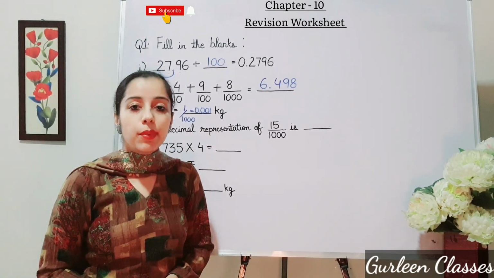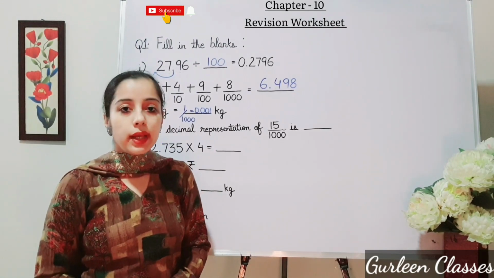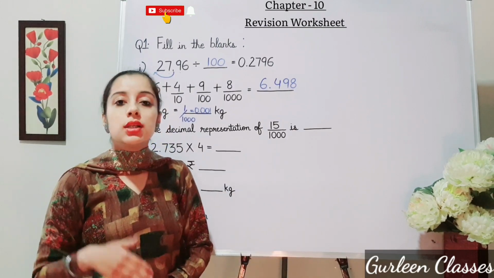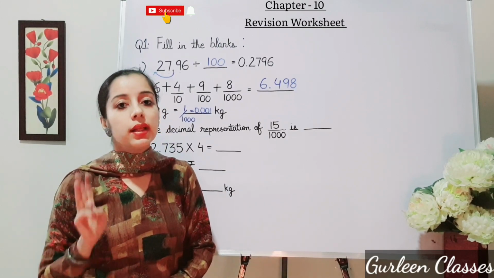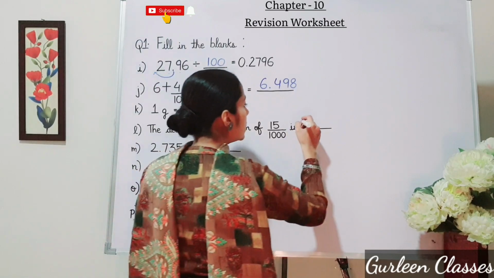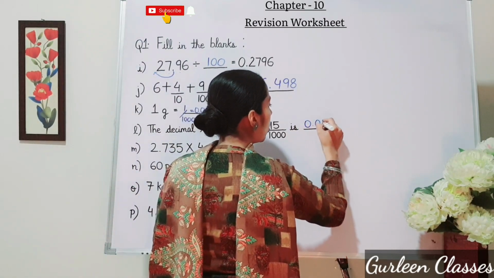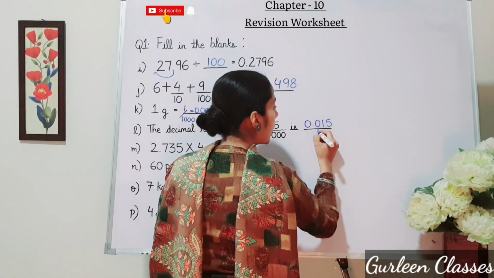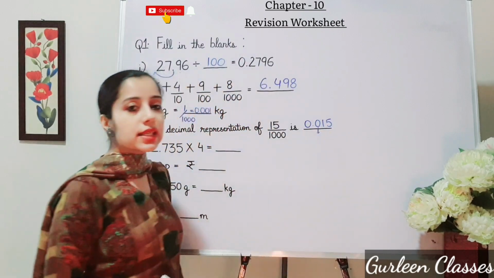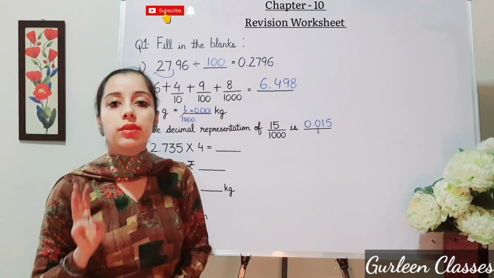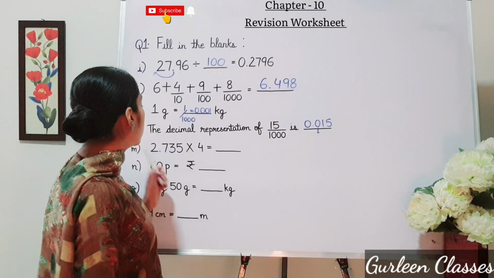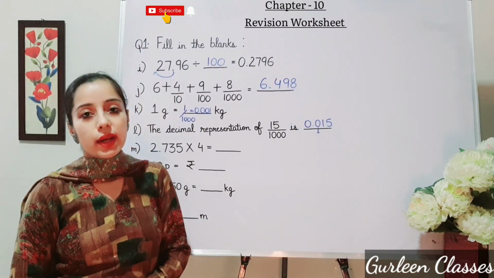Next, the decimal representation of 15 upon 1000 is, in the denominator there are 3 zeros. So after the decimal point there will be 3 digits. So right here 0.015. Here I added one extra 0, as after the decimal point we require 3 digits. Next, 2.735 into 4.